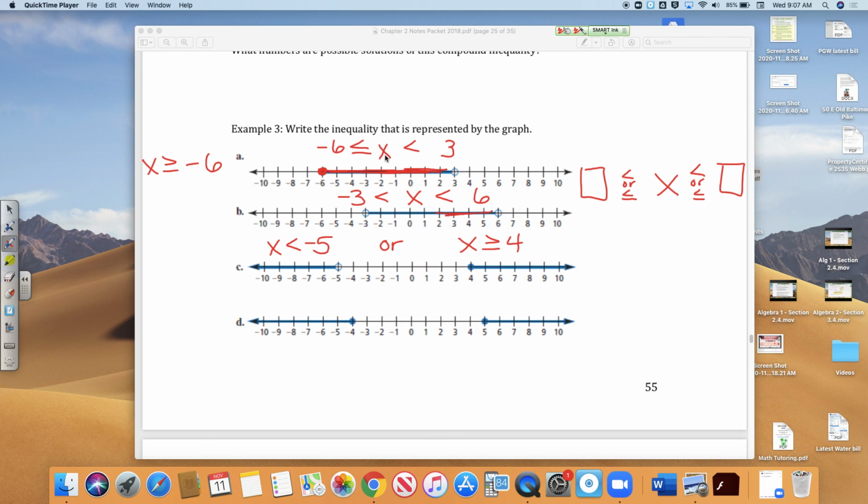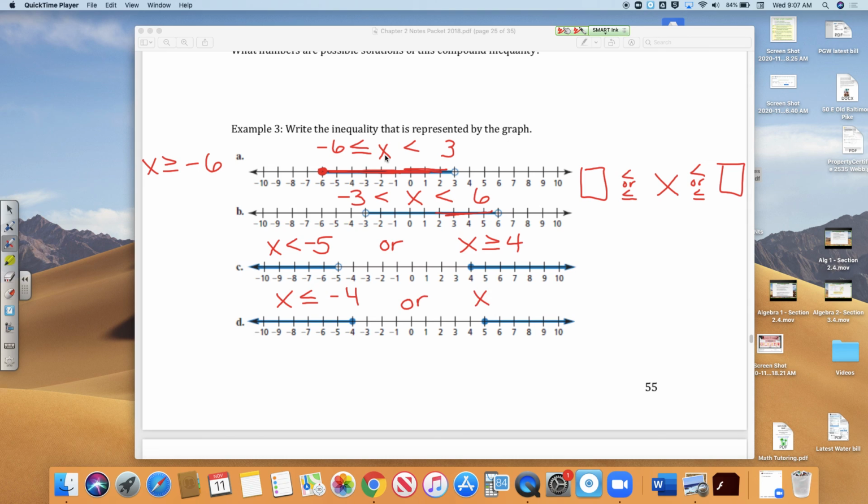And then letter D, we write both of the inequalities separately and join them with the word or. What's the inequality for the one on the left? Less than or equal to is good. Then? Perfect. Or?